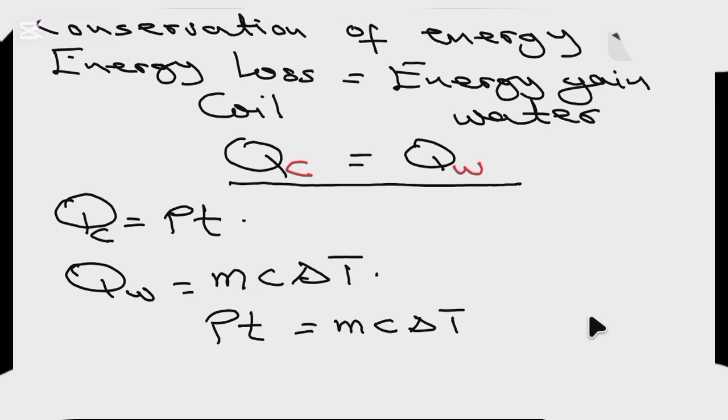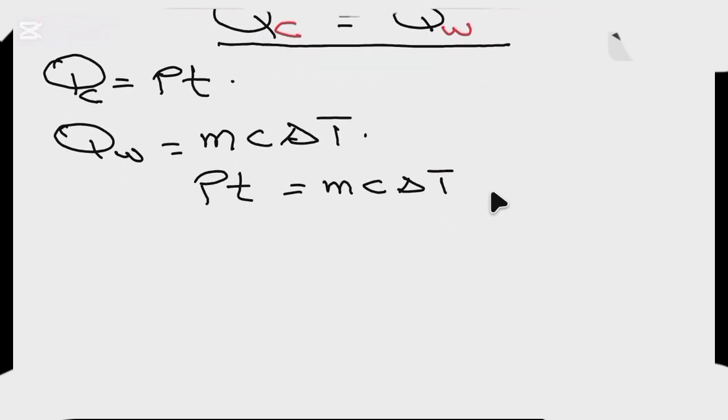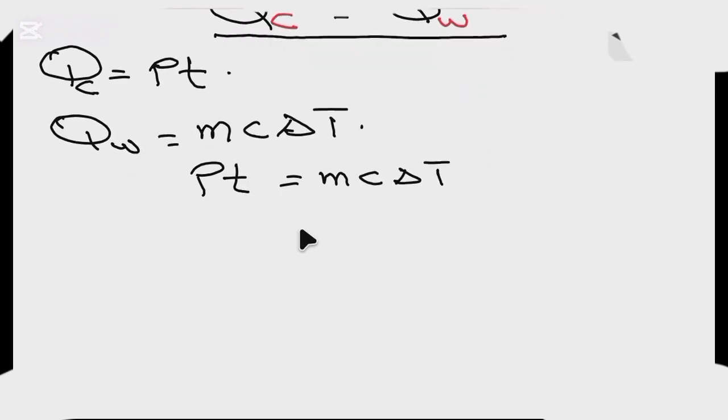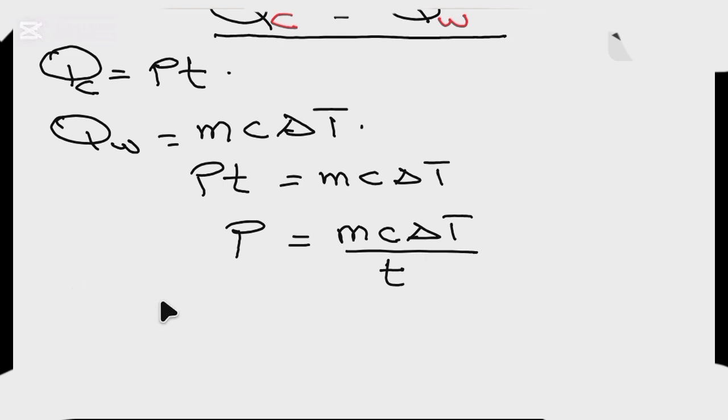The next thing is to make P the subject, to make power the subject. So making power the subject, I have P equal to MC delta T, all divided by time. Now at this point, we can find our P1.